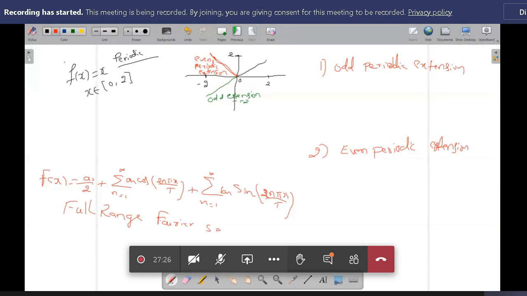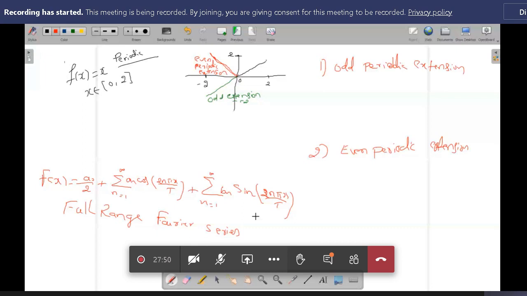Now we are discussing half range. When you say it is a half range, either it contains the sine terms or it contains the cosine terms. When it contains sine terms, we also call it odd periodic extension.